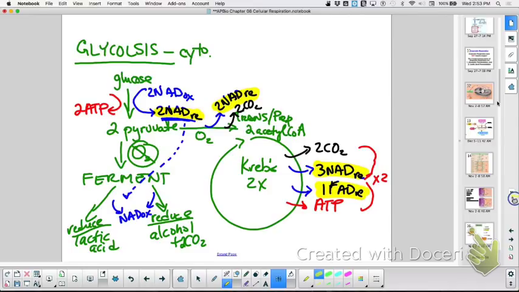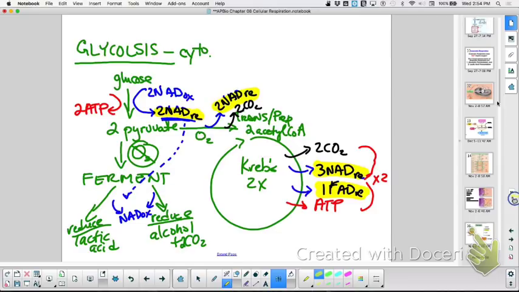Now, it behooves us at this time to talk about the 3 types of phosphorylation. We do 2 of them in cellular respiration. What are the 2 we do in cellular respiration? Substrate level. Where? Glycolysis and Krebs cycle. What's the other one?